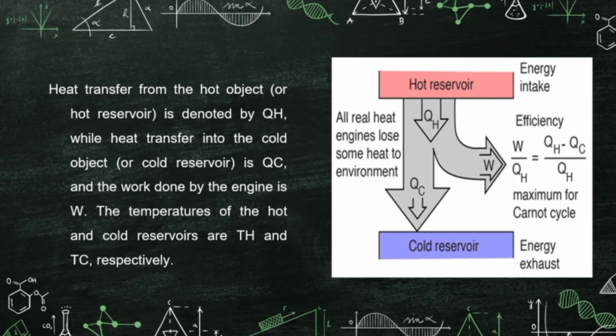Part of the heat becomes useful work, represented by W here. And the remaining heat, called QC, is released to the cold reservoir. This is the reason why a heat engine can never reach 100% efficiency.